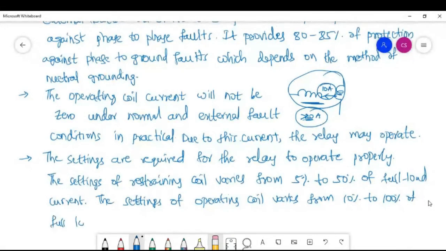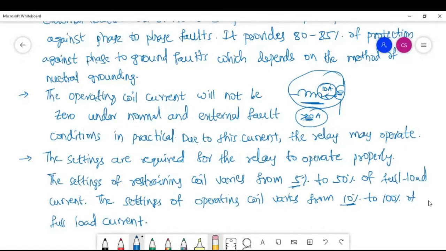These are the minimum settings of a restraining coil and an operating coil. Restraining coil, the minimum setting is 5%. Operating coil, the minimum setting is 10%. So the relay will operate whenever the minimum amount of current in the operating coil reaches, say, 10 amperes or 20 amperes, which depends on the full load current.